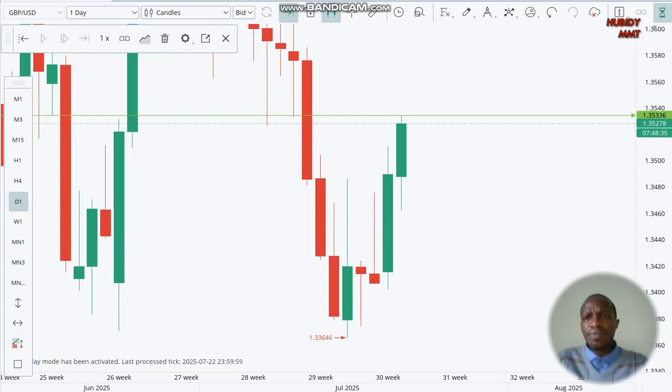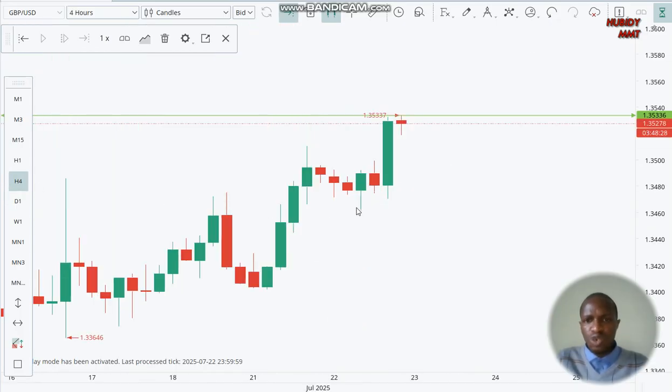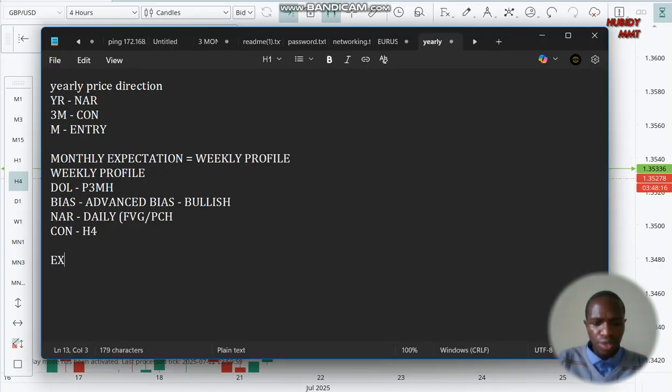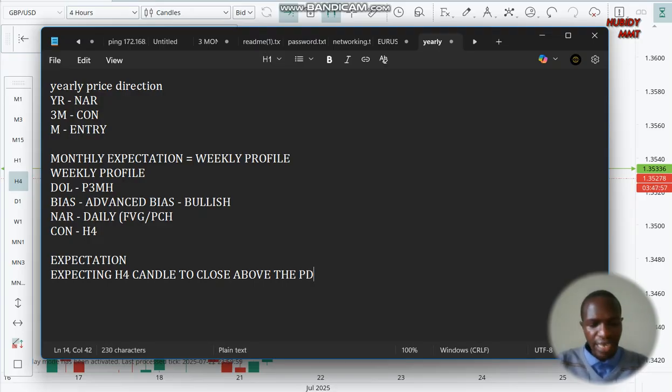So context is H4. So we go to context H4, and we are saying for us to trade within H4, we need to have an expectation. What is the expectation? We are expecting either the first or the second candle to close above the daily high. So we are expecting the H4 candle to close above the previous daily high.